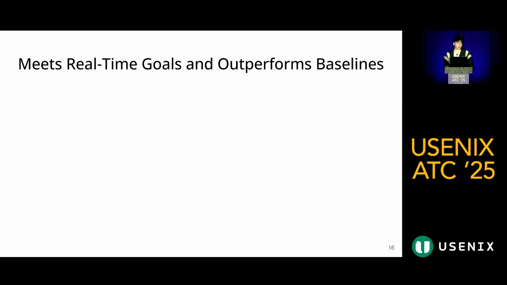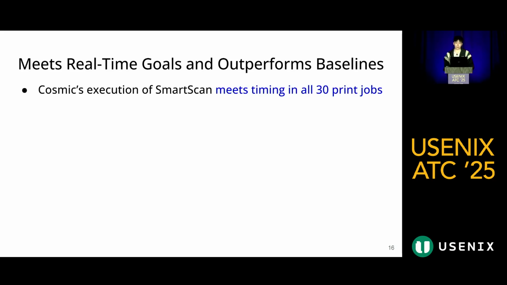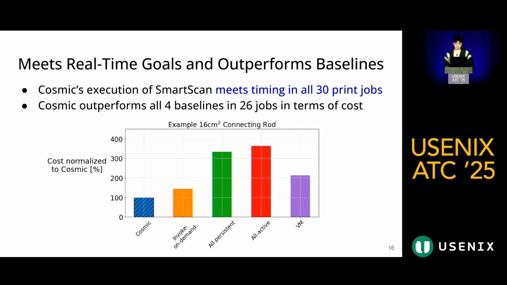As for the evaluation results, Cosmic's execution of smart scan meets timing in all 30 printing jobs at a specific printing speed. Cost-wise, it outperforms all baselines in 26 of the 30 jobs.